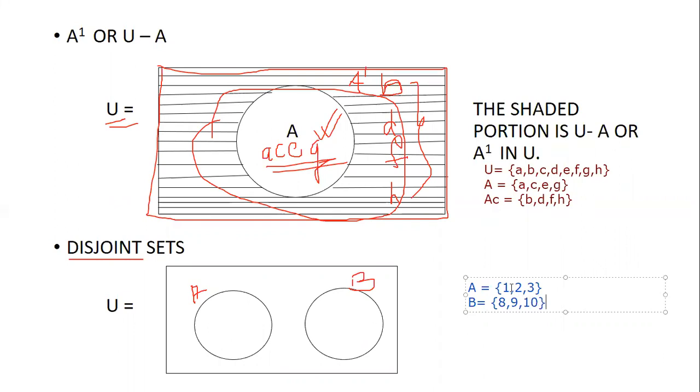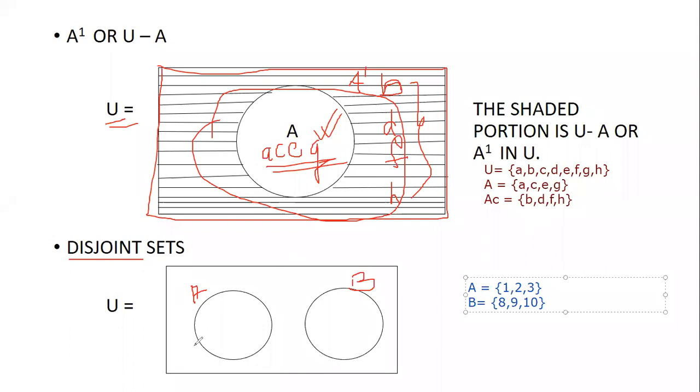Are there any similarities between both the groups? Any common elements? No. So such sets will become disjoint sets.